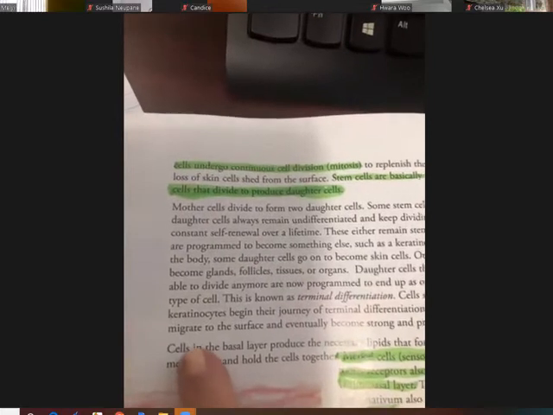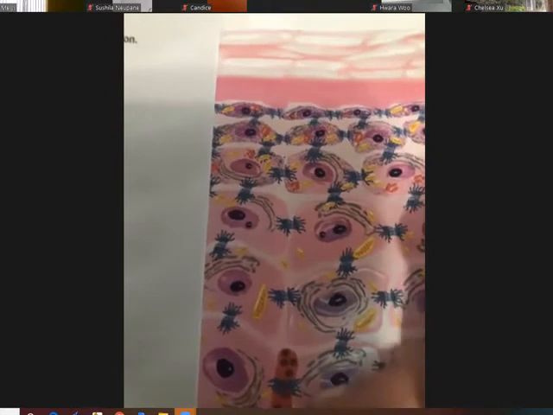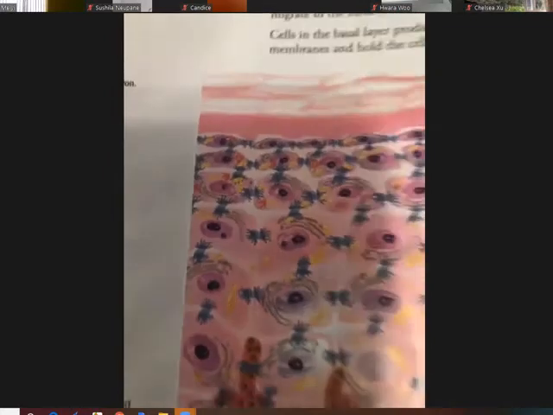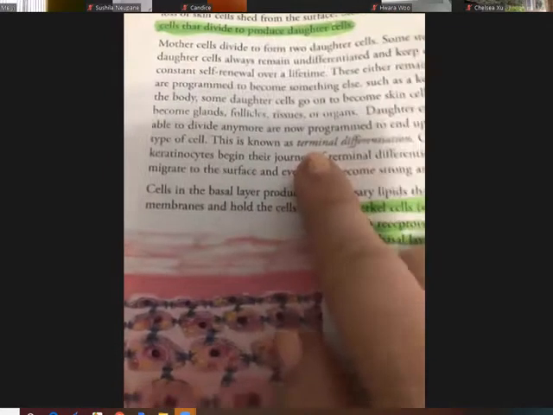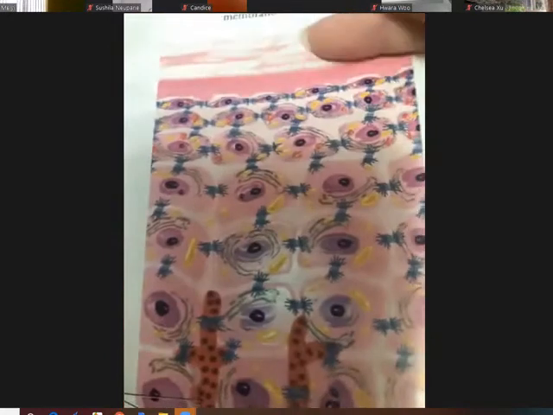So cells such as keratinocytes begin the journey of terminal differentiation as they migrate to the surface and eventually become strong and protective. Those cells that stop renewing will move up from the bottom and form new layers of skin up to the top layer.